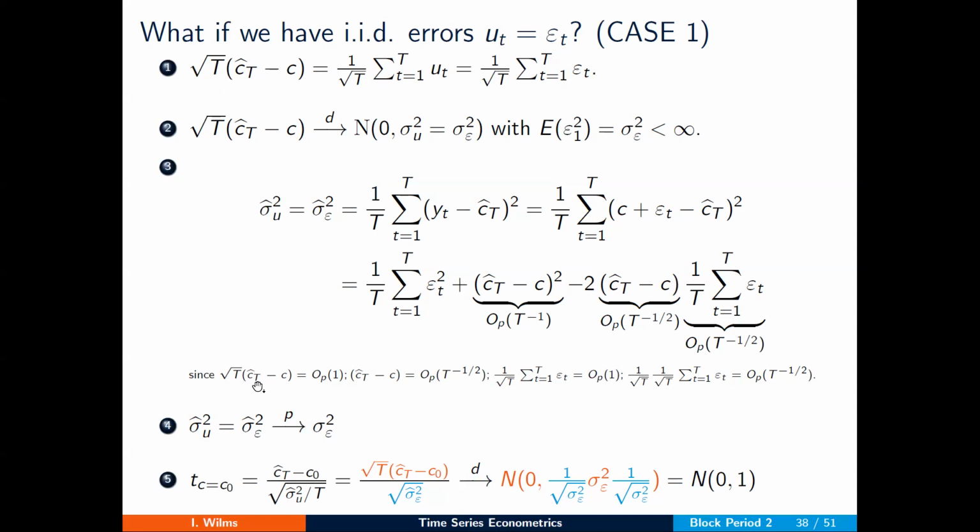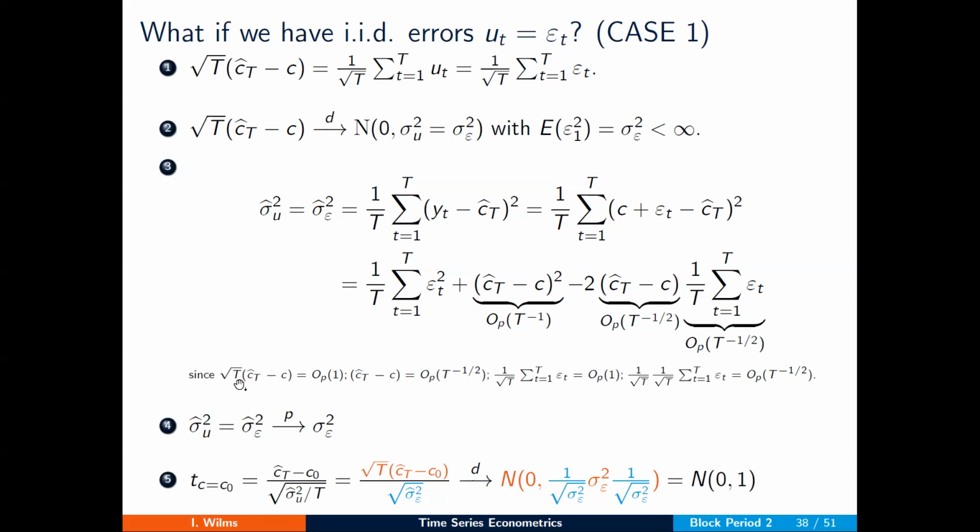Now remember from before that this guy over here converges in distribution, and that means that it is big O_P(1), as we've seen in an earlier video. Alternatively, then, the difference here is big O_P of order T to the power minus a half, since I need to divide by this power of T in order to get the limiting distribution.